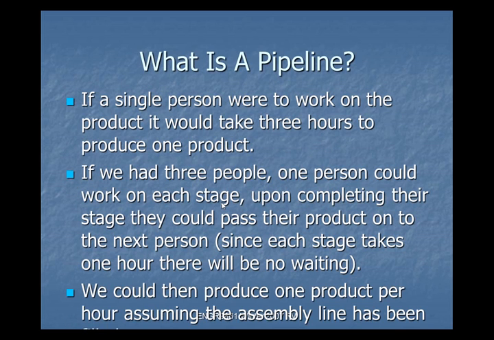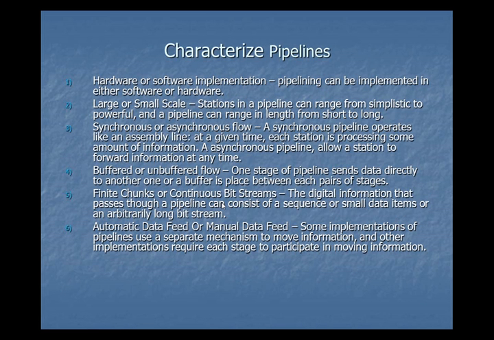But in the same way, if 3 persons are used, then it takes only 1 hour, because at the same time welding is done, painting is done, and finishing or polishing is done. So this is the concept of pipelining, that it saves time.